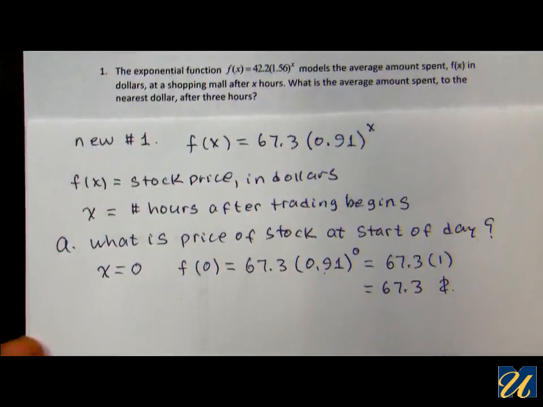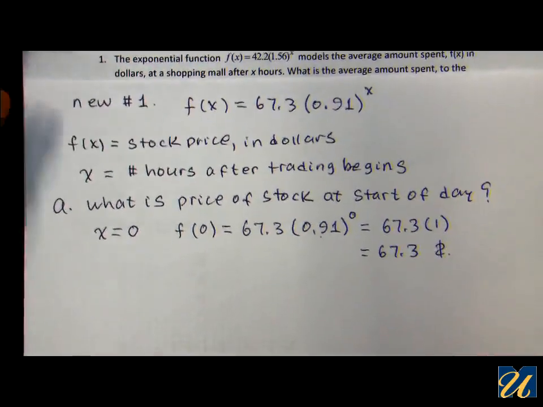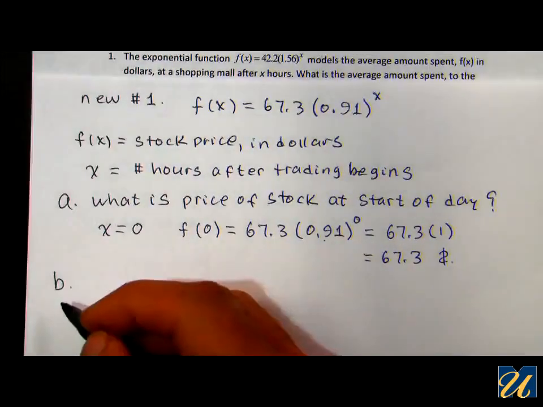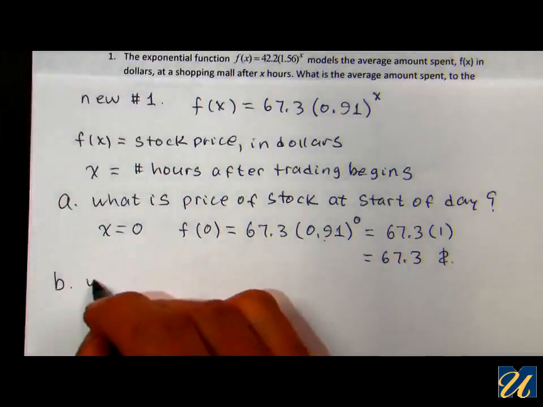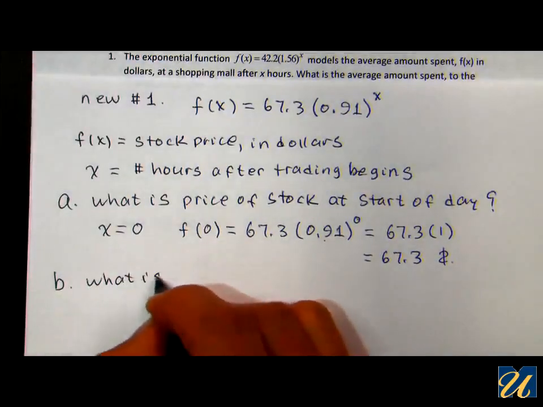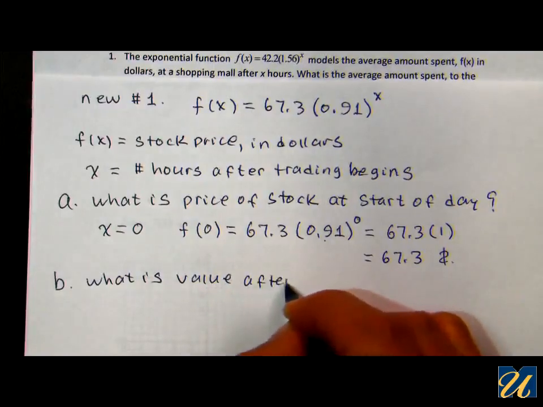Now, what happens to the price of the stock as the day continues? So let's ask in B, what's the value 5 hours later? What is the value after 5 hours?